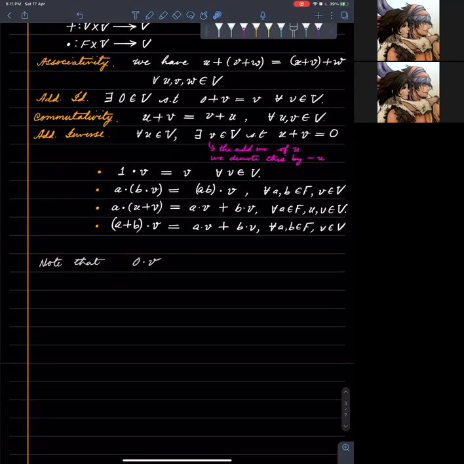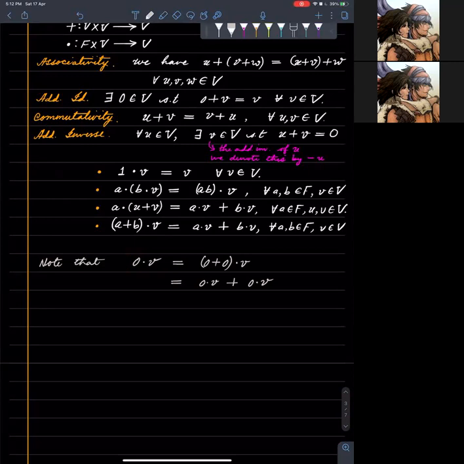There is a zero in the vector space, but this zero denotes the zero of the field. So what is this going to be? This is, of course, 0 plus 0 dot v, which by the distributivity rules that we just discussed is equal to that.